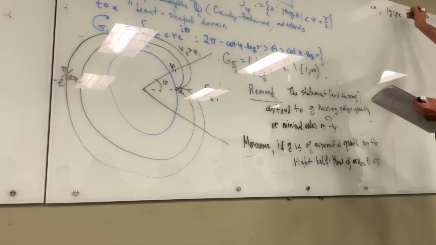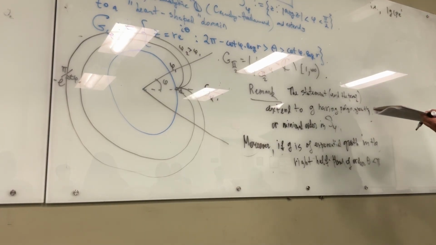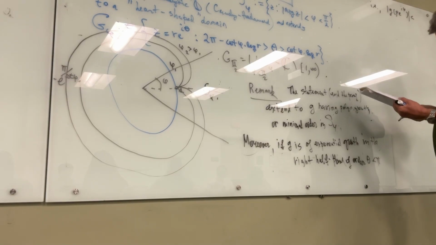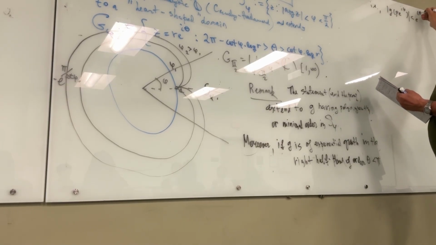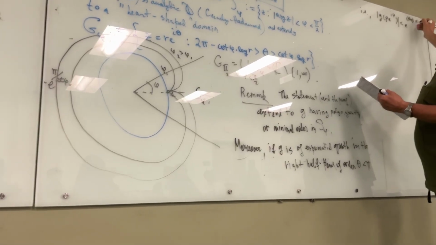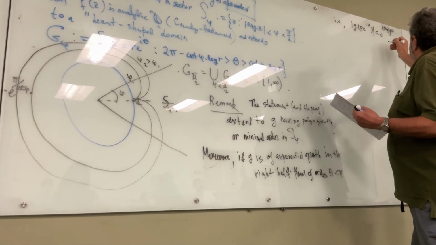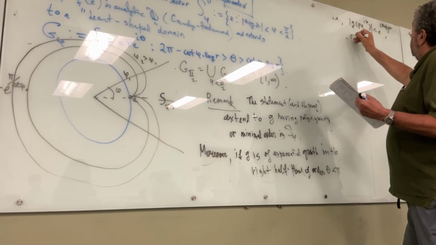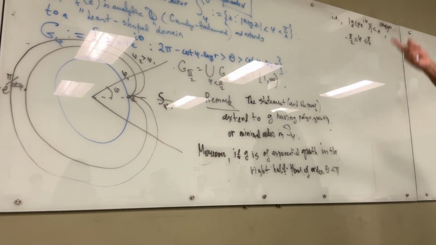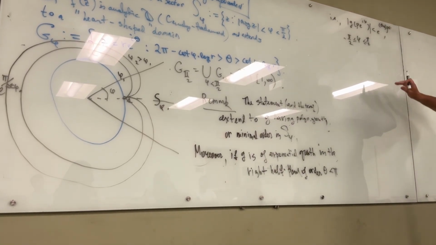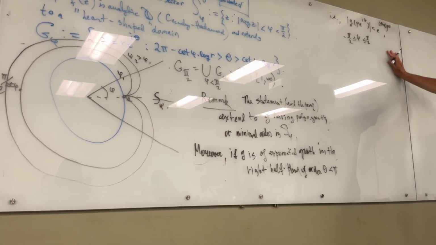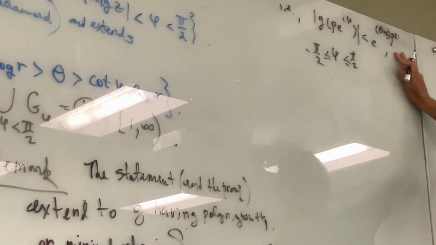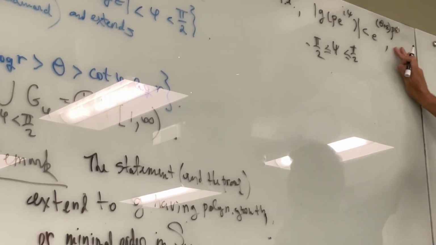G of rho e to the i psi, whatever, is less than e to the (theta plus epsilon) times rho, and psi is between pi over 2 and negative pi over 2. So G is analytic in the right half plane, and it can grow exponentially, but strictly less than pi. That means theta strictly less than pi, so you can always squeeze in epsilon.